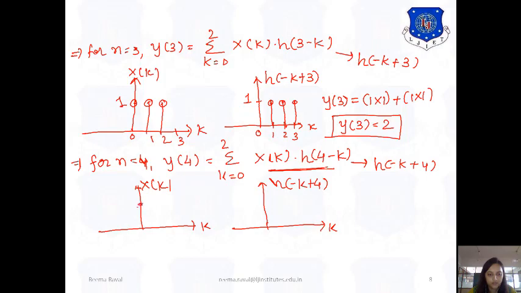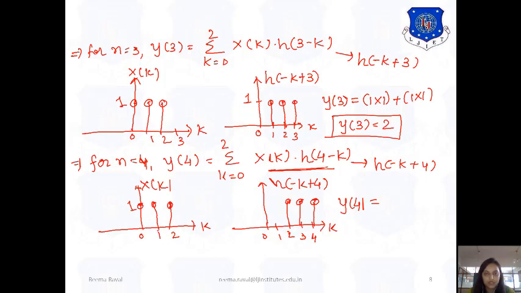So here x of k is 1, 1, 1 at the instants 0, 1, 2. Here for minus k plus 4, it will now shift to the right side by 1 instant, so it will have the values at instants 2, 3 and 4. So at instant 2 value 1, at instant 3 value 1, at instant 4 value 1. Right? So according to this we get y of 4 as the multiplication of the respective values of a particular instant.